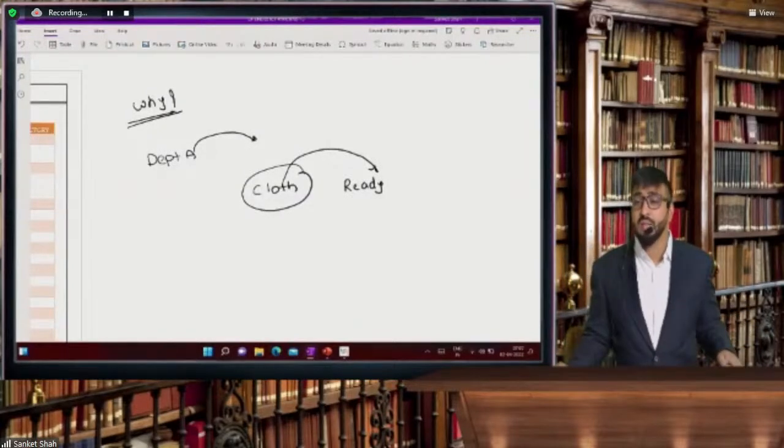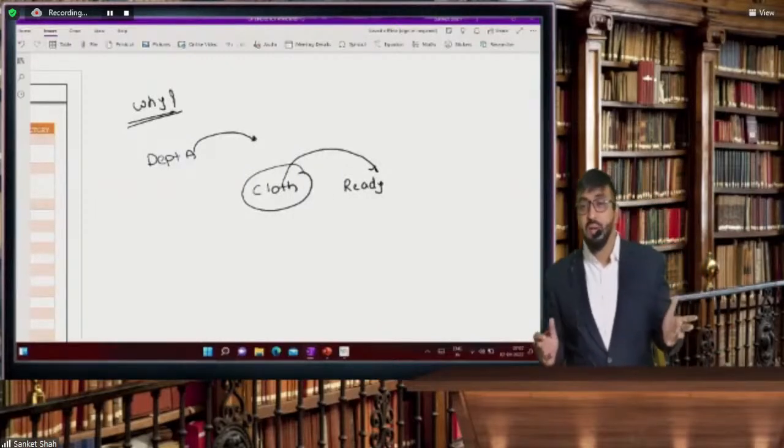Departmental accounting is important for division of work. It is a simple thing.